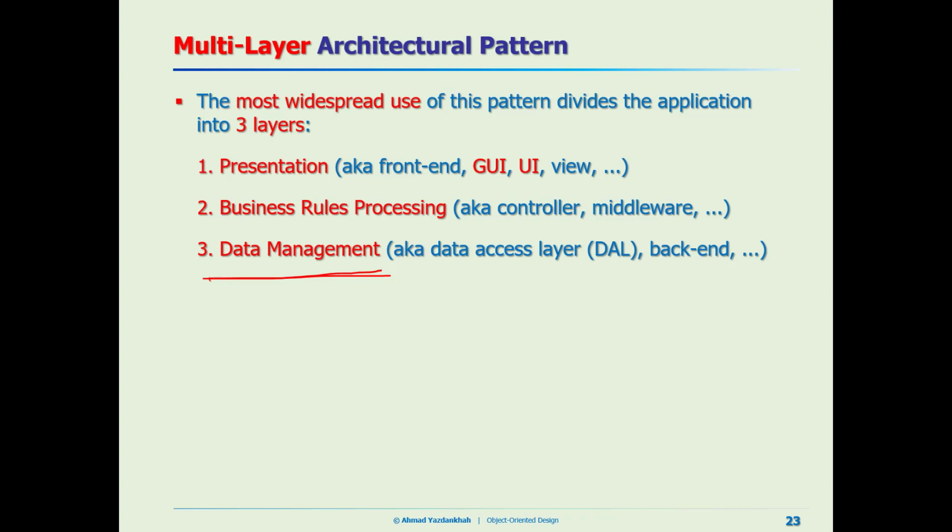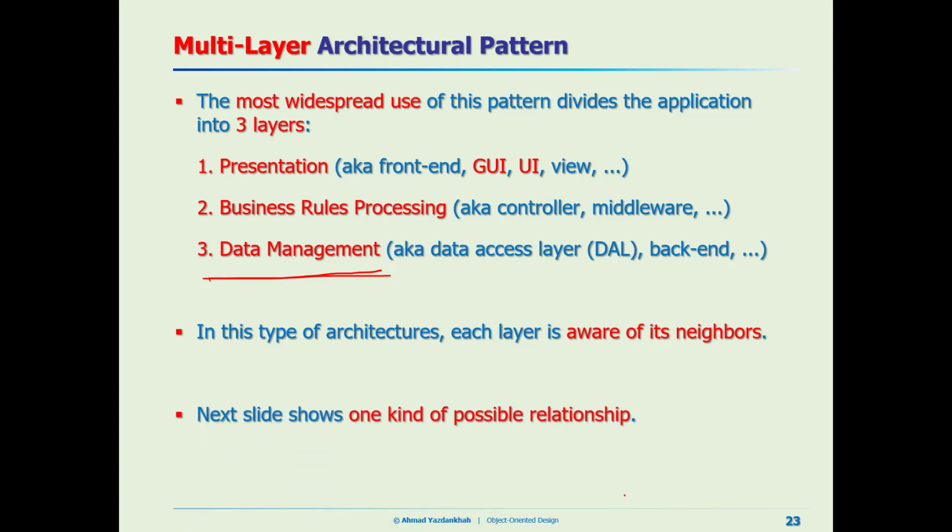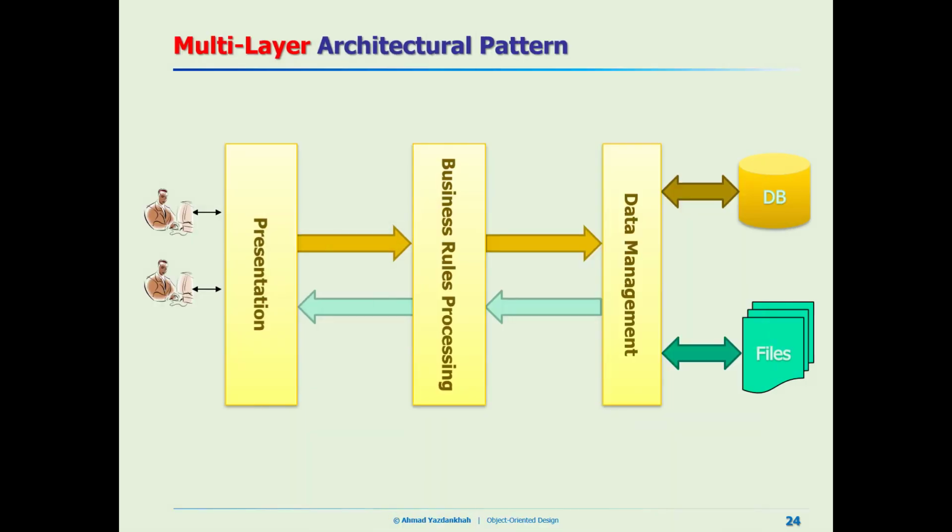Also, we should design the software in such a way that each layer is only aware of its neighbors, right? To explain this, the block diagram in the next slide will help. So let me explain everything here.